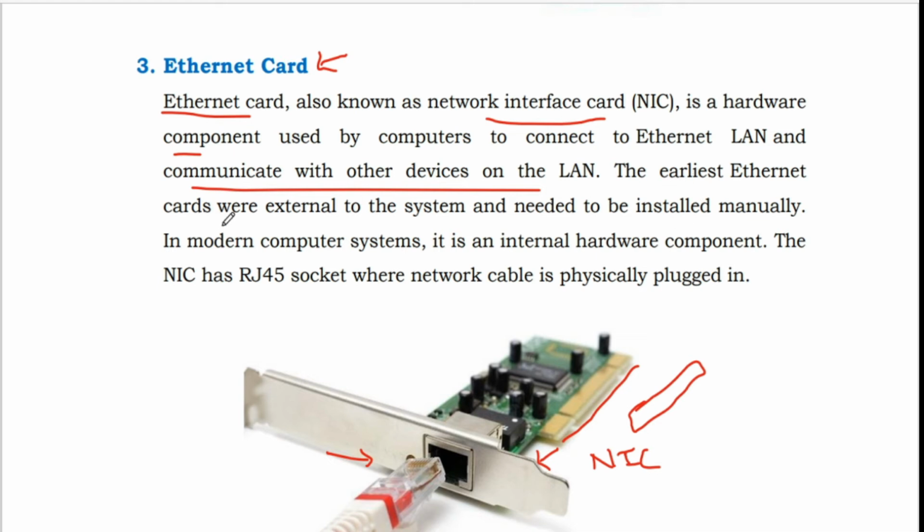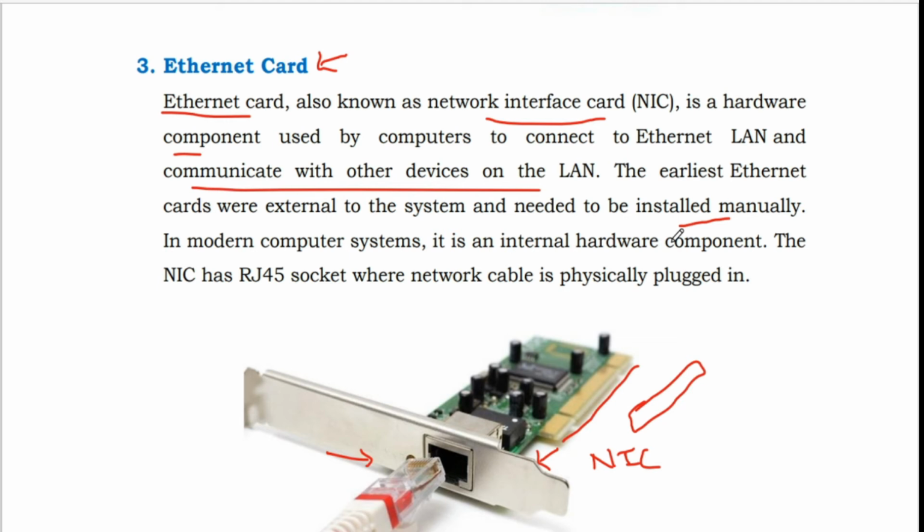Ethernet cards external to the system need to be installed manually on the motherboard of your CPU, and then the device can start communicating with the other devices. Each computer needs to have this Ethernet card, or NIC card. In modern computer systems, it is an integral hardware component.